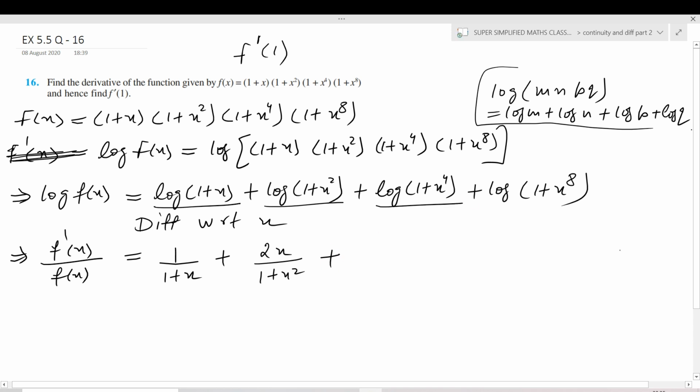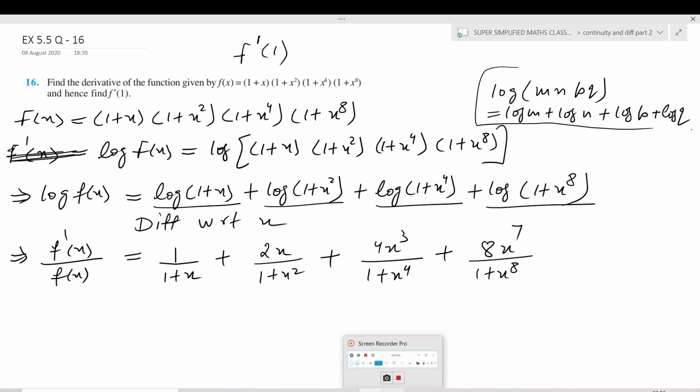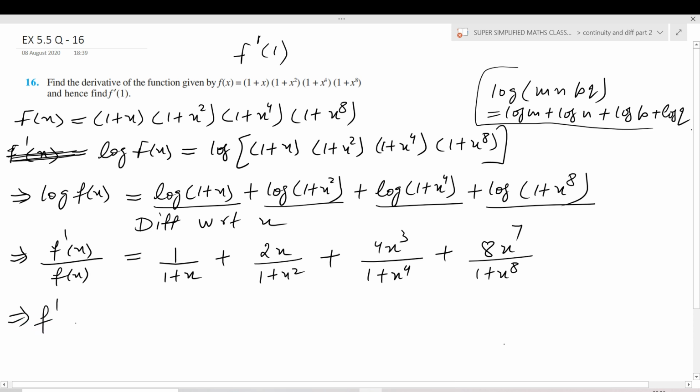Then the derivative of log (1 plus x4) will be 1 upon (1 plus x4), and in the numerator we will have the derivative of x4, which is 4x cube, plus the derivative of log (1 plus x8) will be 1 upon (1 plus x8), and in the numerator we will have the derivative of x8, which is 8x7. Now I can find f dash x.